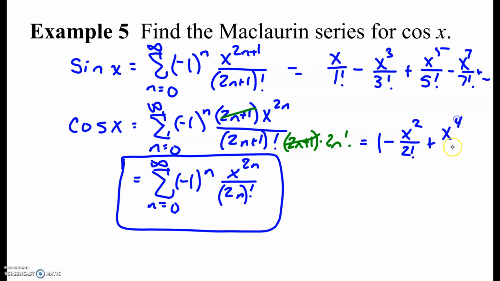Likewise, with x to the 5th over 5 factorial, the derivative, the factors of 5 cancel, leaving us x to the 4th over 4 factorial. And so it does work in this case just taking the derivative of the definition of the series.